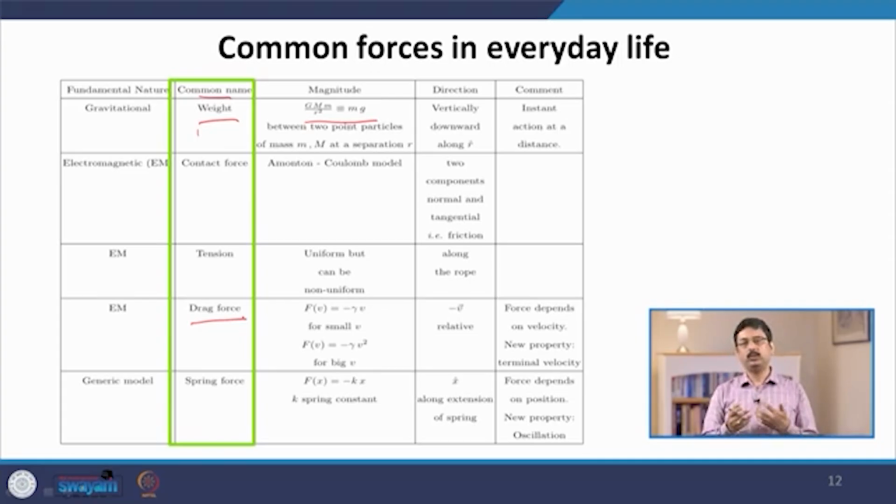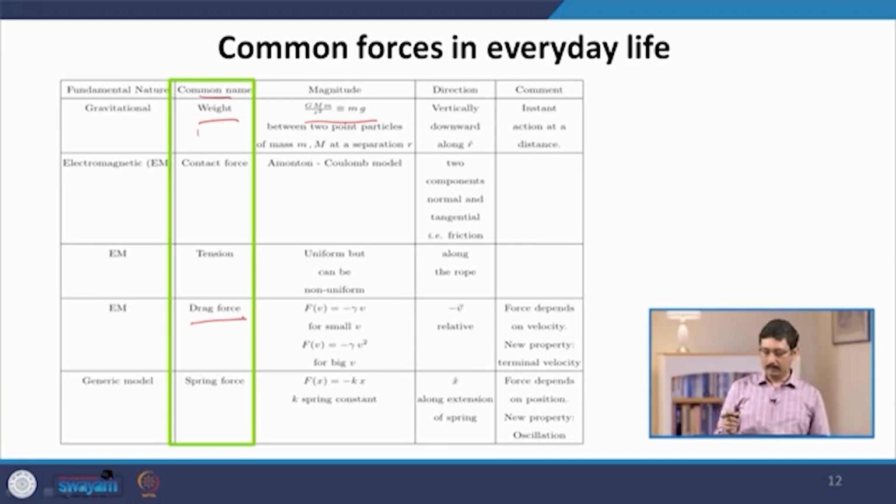When we move, and sometimes when we are immersed in water, swimming or going somewhere by boat, we feel this friction by air and water. These are called drag forces. We will come to that in more detail in a later part of this course. So friction is another very important common force.